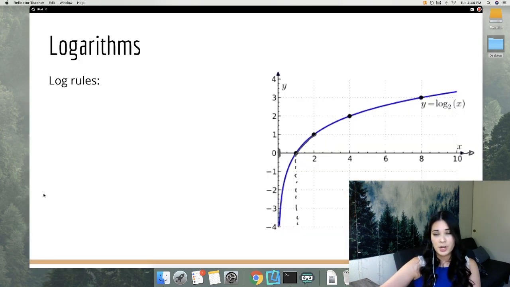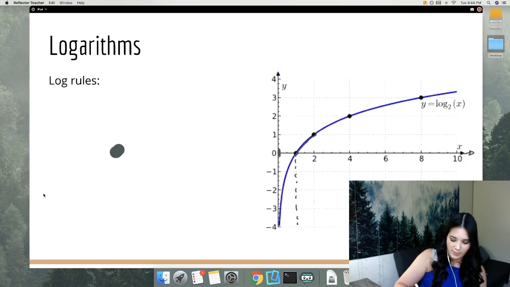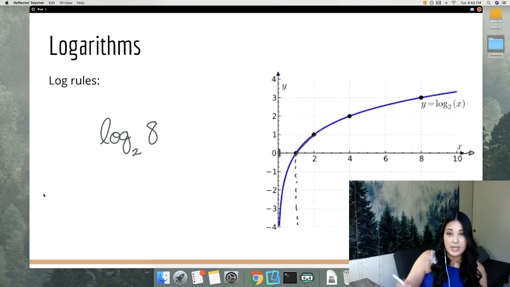So the first thing I want to talk about is logarithms. And this is probably something you've heard of, but not something you use all the time. But just as a review, a logarithm is essentially the opposite of an exponent. So for instance, if I have log base 2 of 8, essentially I'm asking, okay, well, if I took my base, which is 2, to some power, we'll call it x, I want it to equal the number 8.